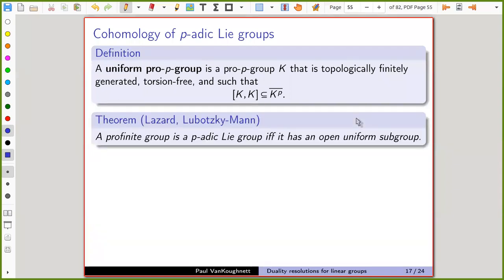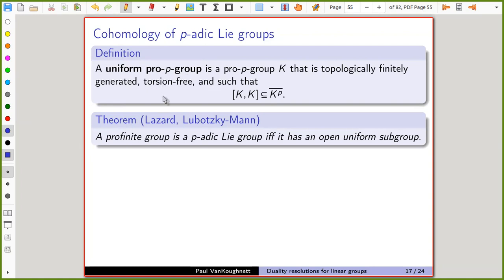Okay, so these are related to p-adic Lie groups because a profinite group is a p-adic Lie group if and only if it has an open uniform subgroup. The idea of uniform groups was invented by Lubotsky and Mann, but I think many of the ingredients of this proof go back to Lazard, who thought about a closely related idea. One thing that you might notice about this already is that the definition of uniform pro-p group is purely group theoretic.